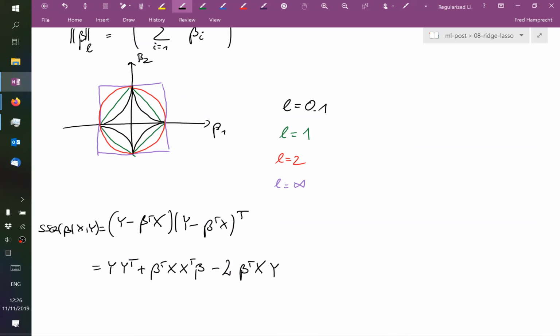Now, to this sum of squared residuals term, we can add one of these potentials.